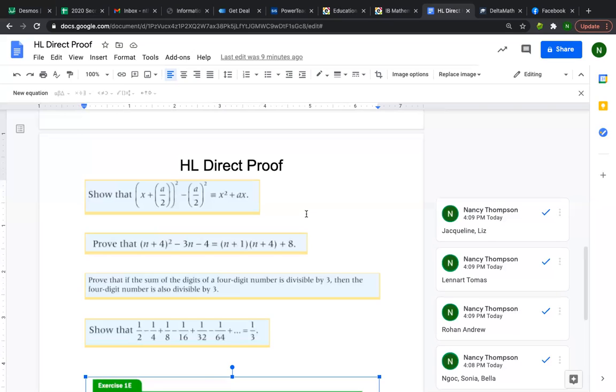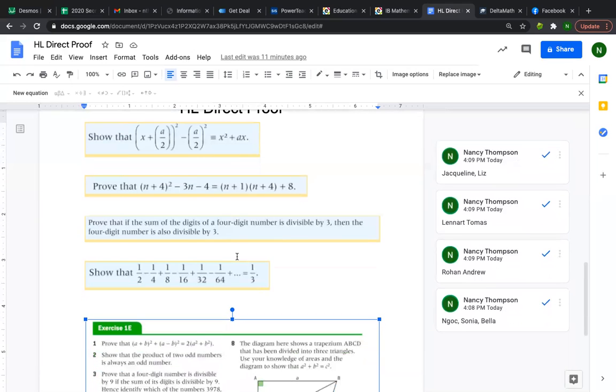Once you do the first part, you assume the first part to be true, and then you prove that the other side must be true. And then the last one, I'm pretty sure that's a geometric sequence. You're going to need the definition of a geometric sequence to do that one. Hopefully that's enough to get you started. But again, if you need help, please come see me before Wednesday, not 5 minutes before it's due.